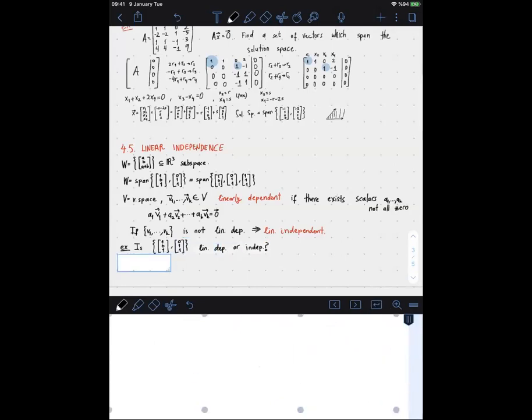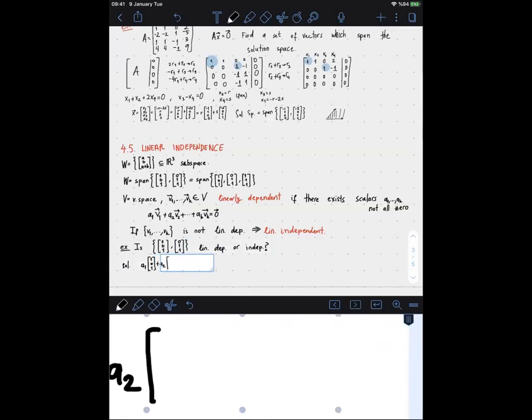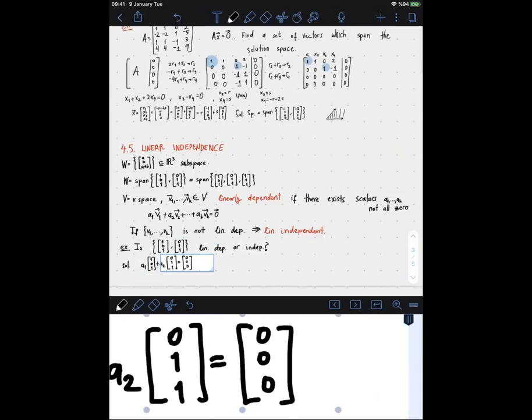So let's look at the solution. We start by writing this equation, which is a1 times the first vector plus a2 times the second vector, and then make it equal to the 0 vector. Now we want to solve this for a1 and a2, and we're wondering whether there's a non-trivial solution or not.